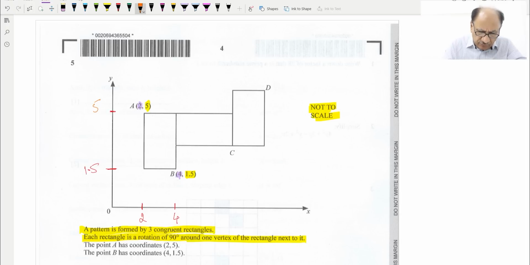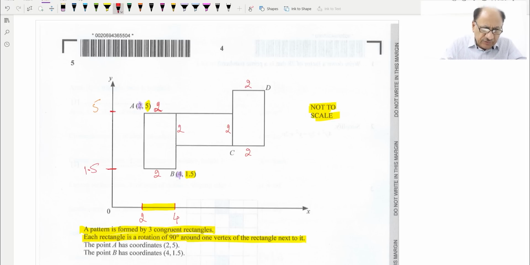Now we can figure out that the width is 2, because the gap between these 2 points is 2, so this side will be 2, this side will be 2, and all these sides will be 2.